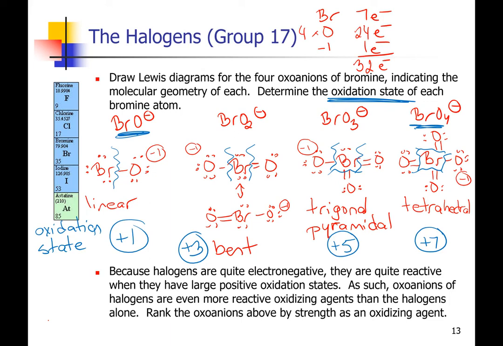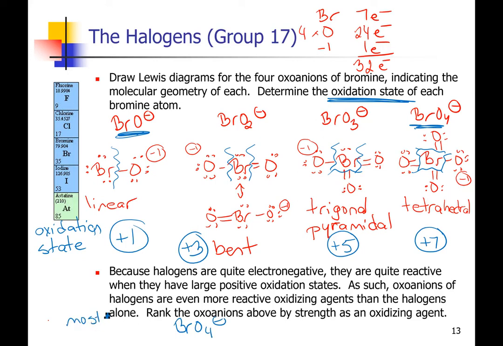And since the halogens are relatively electronegative elements, they tend to be very reactive when they have large positive oxidation states. They tend to prefer to undergo reactions that will make them have less large positive oxidation states. And so therefore, looking at these 4 ions, the perbromate, BrO4-, is going to be the most reactive.